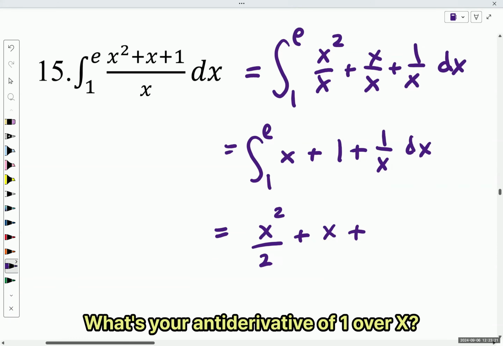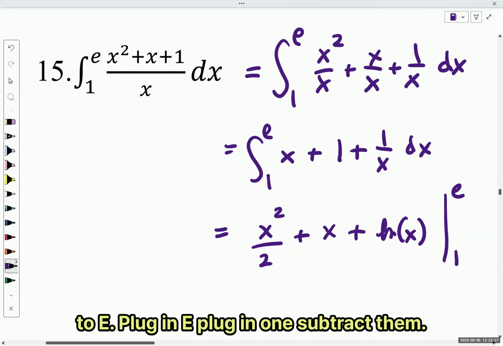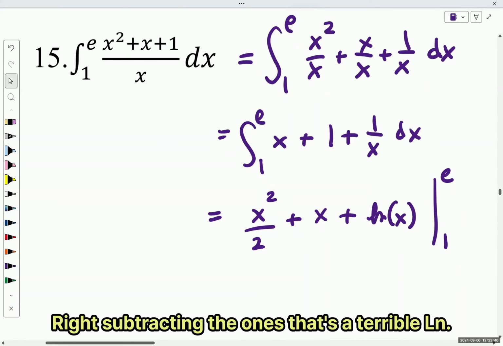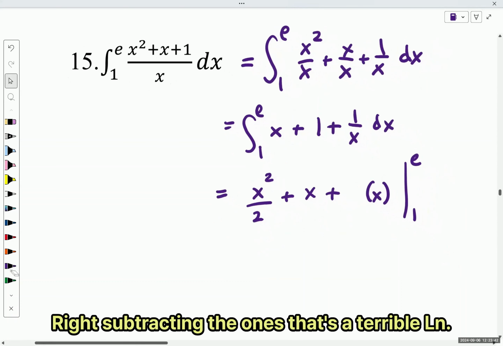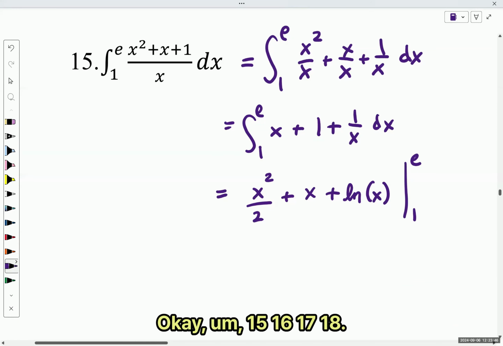What's your antiderivative of 1 over X? ln X. Evaluate that from 1 to E. Plug in E, plug in 1, subtract them. Okay. Can I leave that there? Okay. Be careful with your signs, right? Subtracting the 1s. That's a terrible ln. There we go. A little bit prettier.